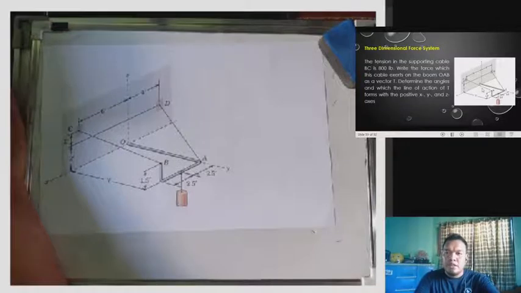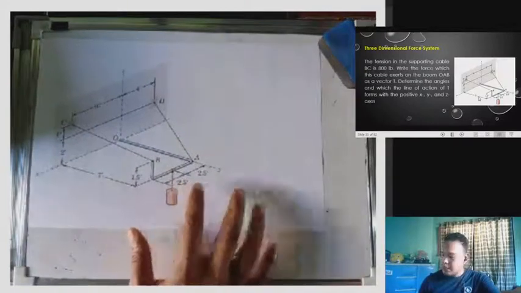So, yung 800 pounds daw po na yon is pinapahanap kung ano po yung vector component niya. Determine yung vector component, then yung angle ng cable na to in each axis, no? So, kumbaga sa axis ng X, ng Y, at ng Z axis, ano po yung angle na na-form dito sa CB natin. Okay? So, solve natin.